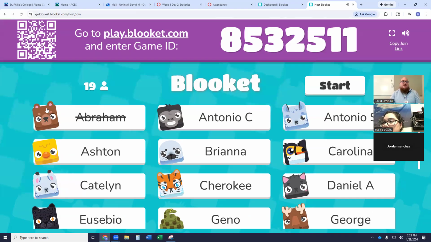If you want, you can change your little Blooket character while we wait. If there's somebody else, a different character you want from the gallery. I'm gonna go ahead and pause the recording for Canvas or for Zoom. But when we go over the results, if someone will please remind me to start recording again.